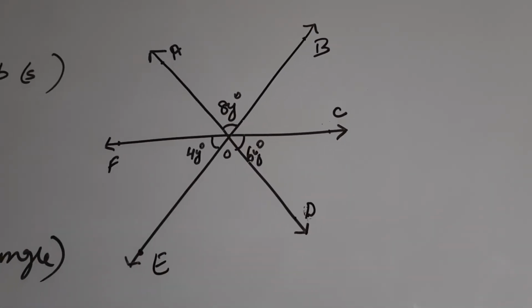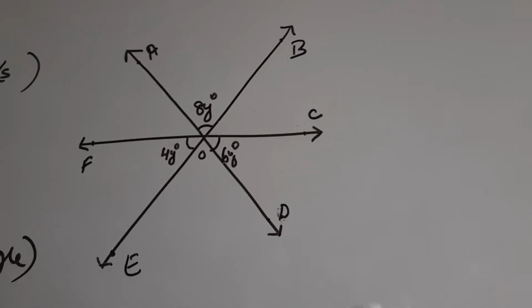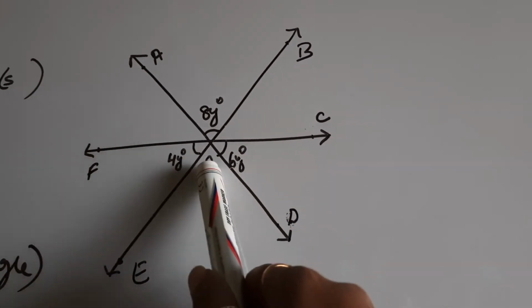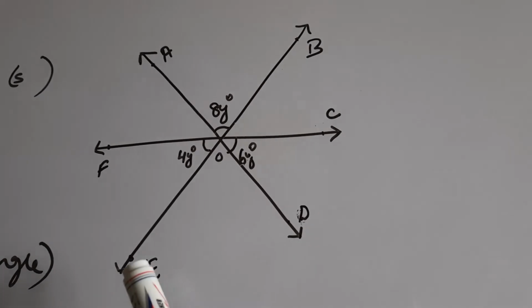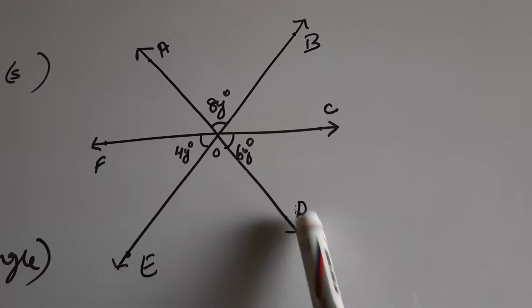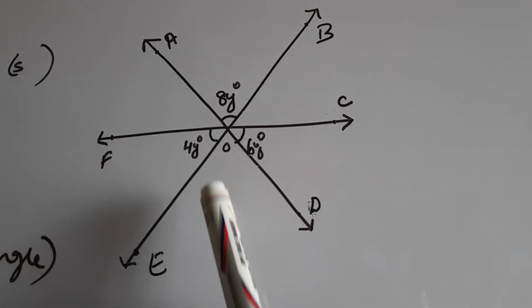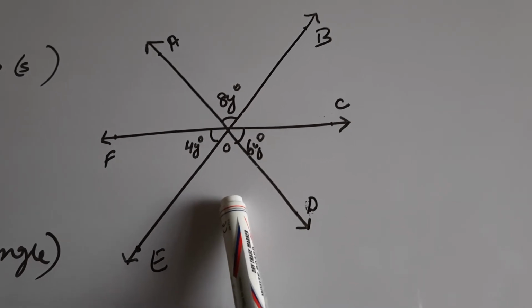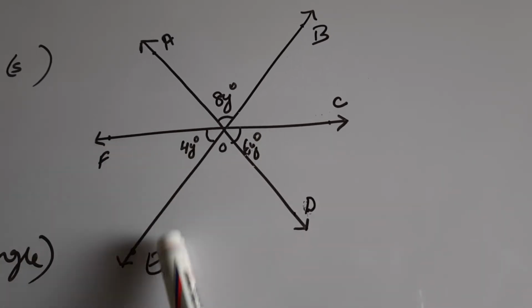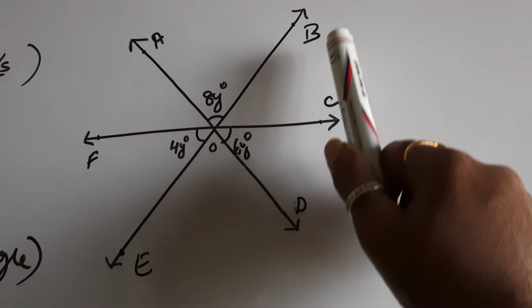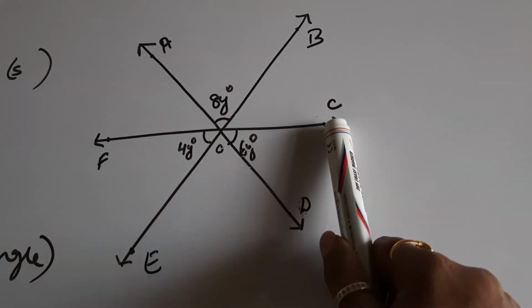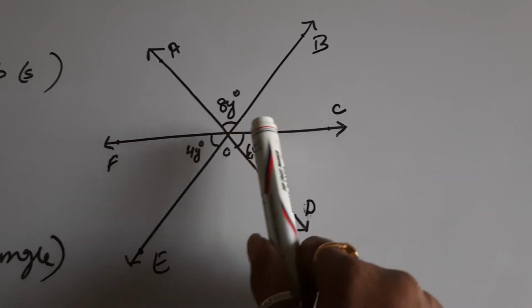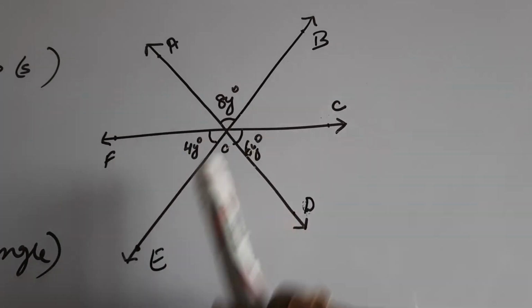Now you are well versed with vertically opposite angles, children. You can see angle AOB is vertically opposite to angle EOD. So you know if this is 8y, this also will be 8y degree. Angle FOE is vertically opposite to angle BOC. So if this is 4y degree, this also will be 4y degree.